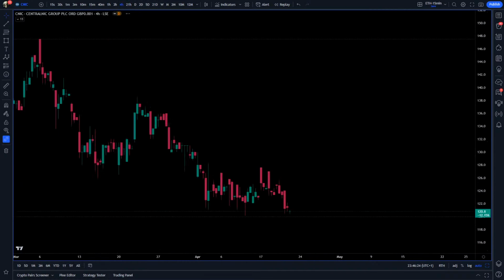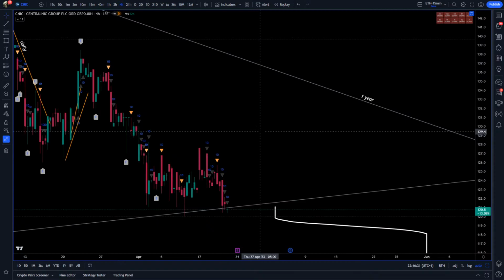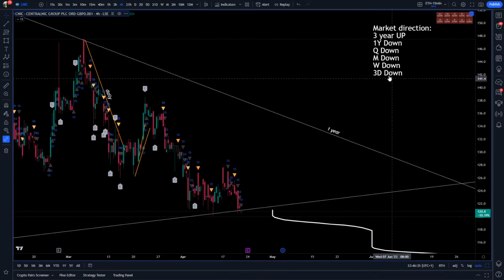With the 3-day going down, we want to check whether the daily is going down or not. The daily right at this moment is showing that it is going down.